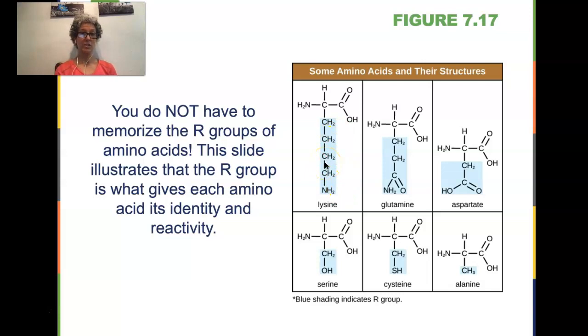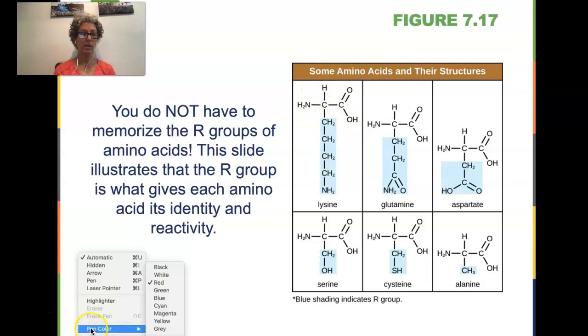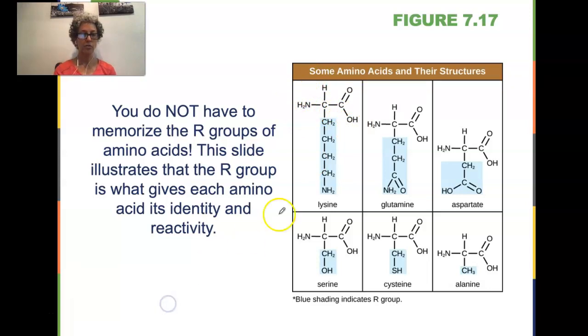What doesn't change between every amino acid is this part. Let's see if I can actually draw on here. Oh, look at that. Yes, I can. This portion remains the same on all of the amino acids.